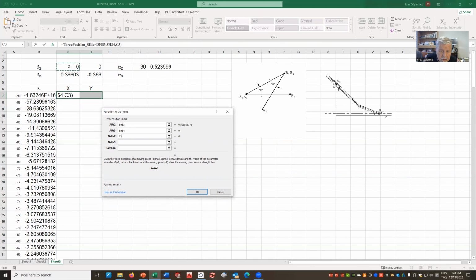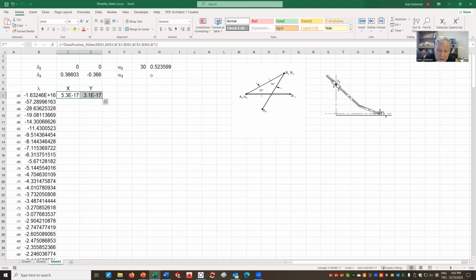Delta 2, F4. Delta 3, mark these two cells, F4. The lambda value is going to be this lambda value. Notice I have not pressed F4. I have not fixed that cell because as I move down, it will change. And then I'll press Control Shift Enter.